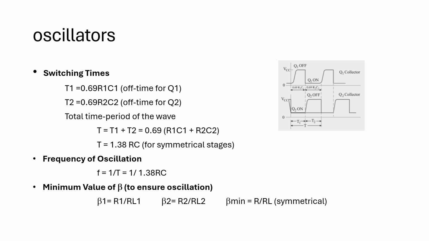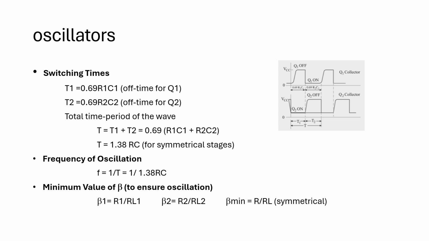So the total time period of the wave is just the sum of your T1 and T2, or 1.38 multiplied by RC if we wanted symmetrical stages. Symmetrical stages will give us a symmetric waveform. So the frequency of oscillation is 1 over T, or 1 over 1.38 multiplied by RC.